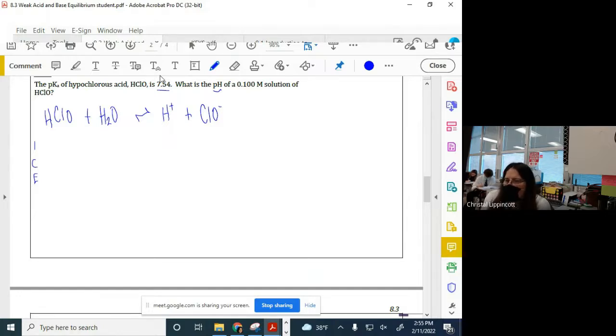Initially, the molarity of my weak acid is 0.1. Not going to worry about my water. I don't have any of these guys initially, but over time I'm going to lose some of this and gain over here.